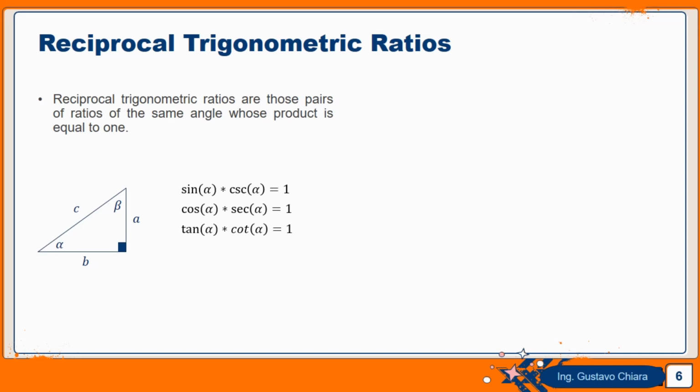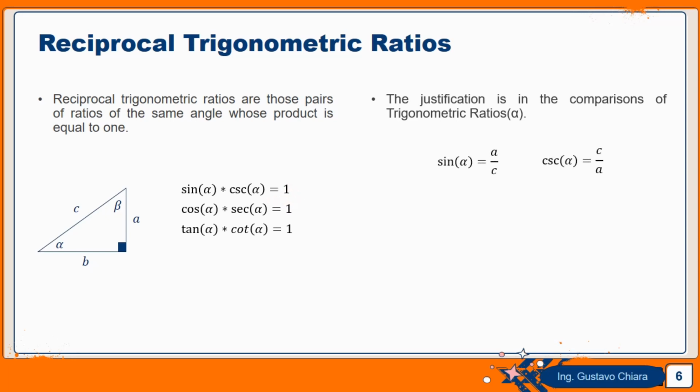In the same way, the cosine function and the secant function is equal to 1, and the tangent function and the cotangent function multiplied is equal to 1. But why? Well, the justification is in the comparison of trigonometric ratios, in this case alpha.